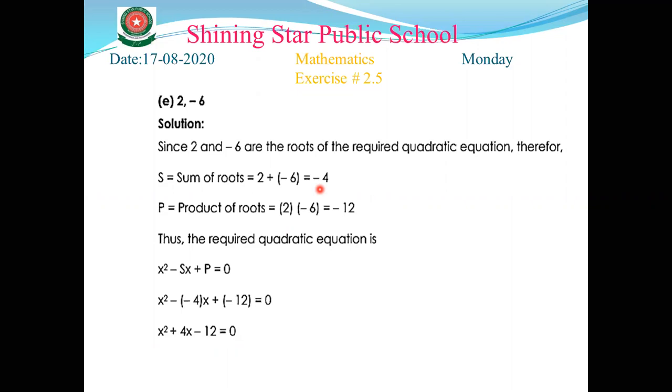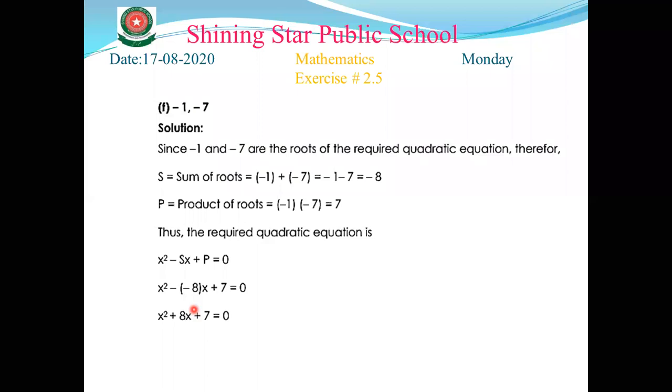So thus the required quadratic equation is x square minus sx plus p equal to 0. So x square minus s, and s is minus 4, so that's why I put here minus 4. P is minus 12. Now, in our next step, we know that minus minus is plus, so it will be plus 4.